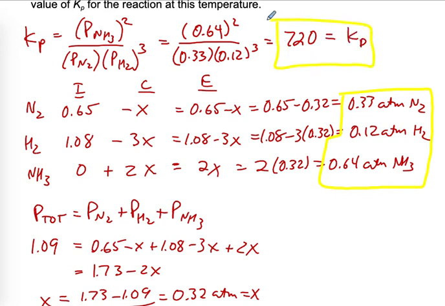Okay? So again, in each of these problems, you are given initial conditions, you are given some information about what occurs at equilibrium, and you're using that information via stoichiometry to calculate the equilibrium concentrations or partial pressures of everything, and from that, calculating the value of K.